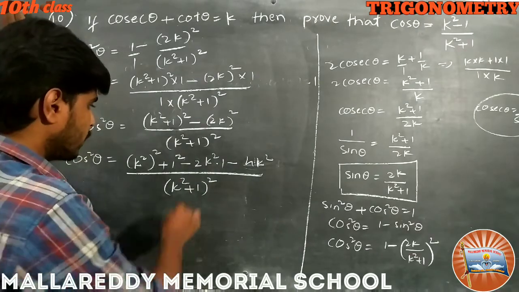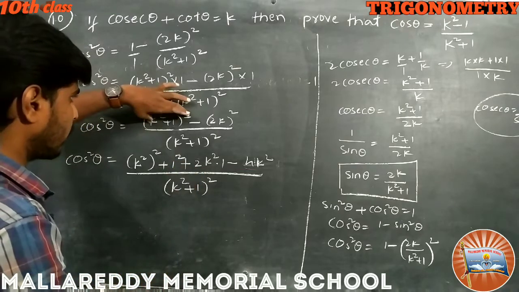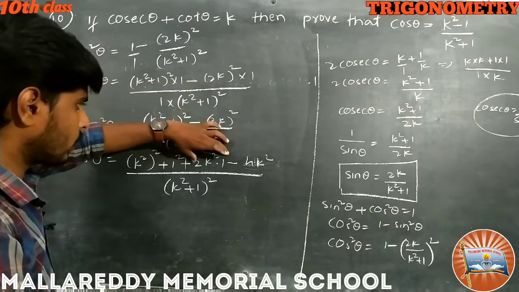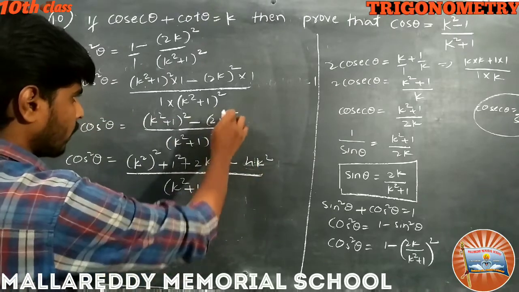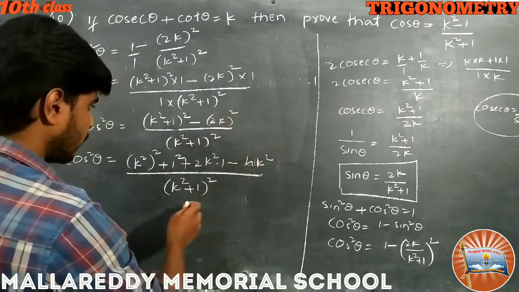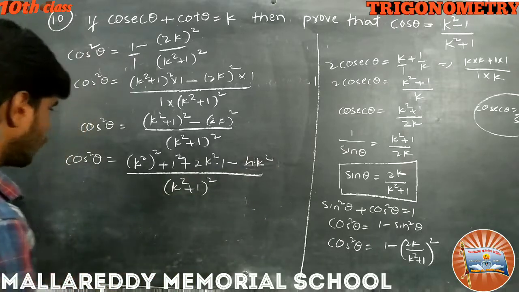So here it is plus, not minus, since a plus b whole square we are applying here: a square plus b square plus 2ab, minus 2k whole square becomes 4k square, by (k square plus 1) whole square as it is.